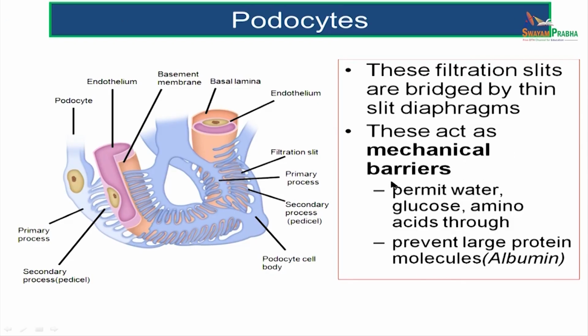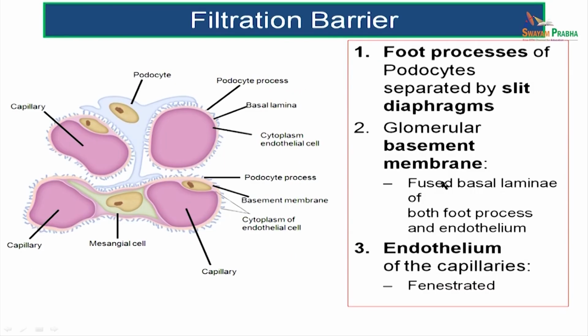They permit water, glucose and amino acids through the filtration slit, but they prevent large protein molecules such as albumin from passing through. That is why the histological significance of these structures is to be noted.